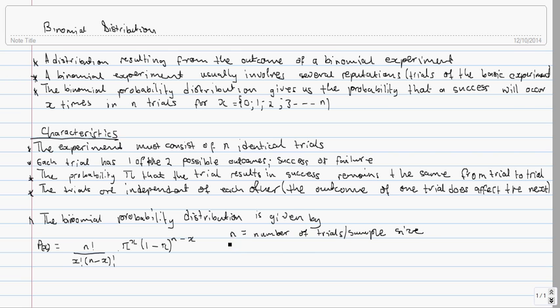And then pi is going to be probability of success on each trial.